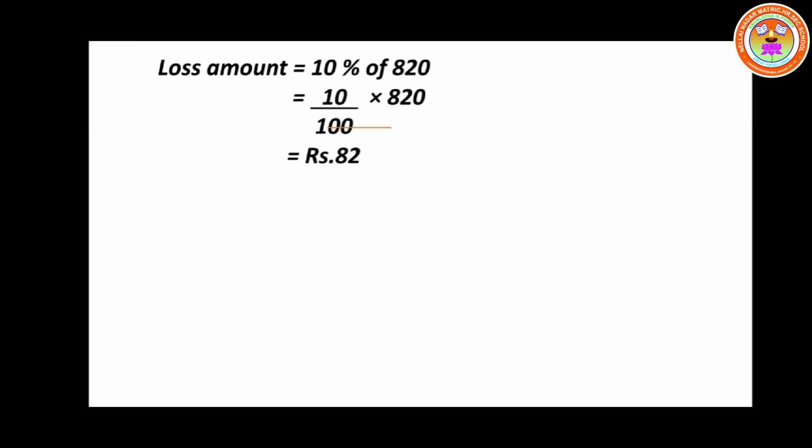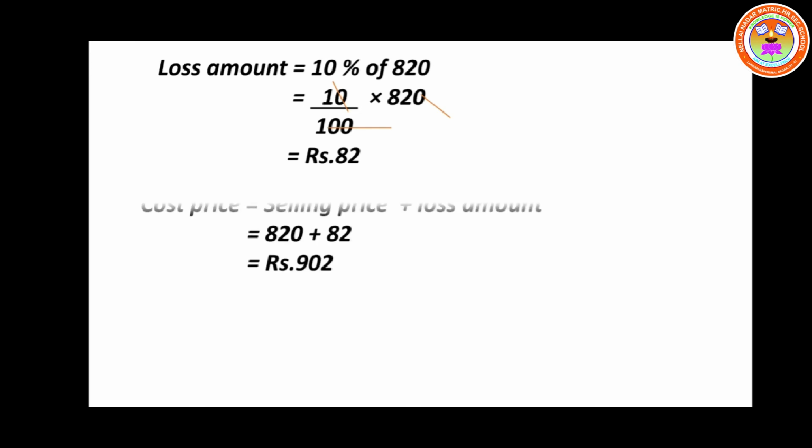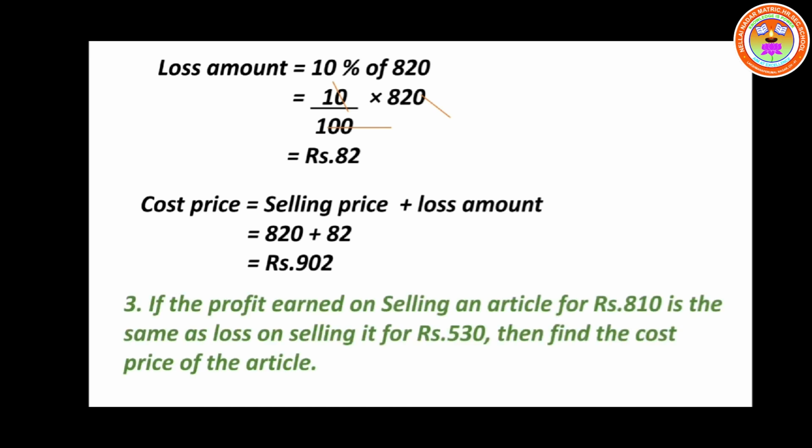The two zeros down and top, one 0 along with the 10 and one 0 of 820 will get cancelled. So 1 into 82, you got the loss amount is 82. So now cost price equal to selling price plus loss amount, which is equal to 820 plus 82. So rupees 902 is your final answer.